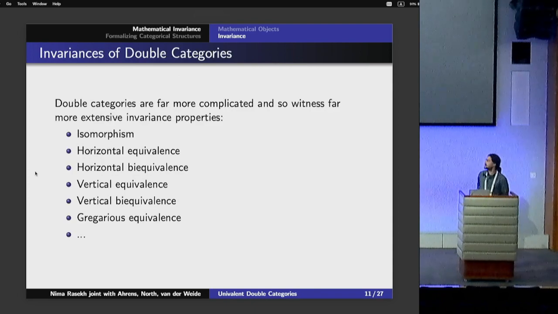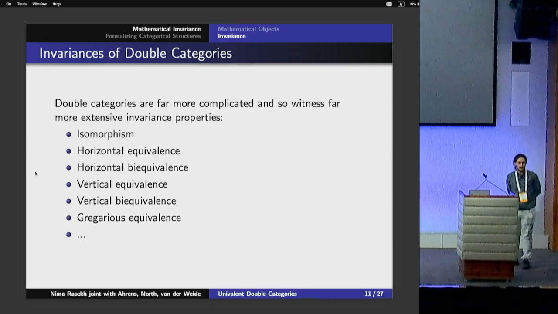This is just a select list. This is not exhaustive. And you can find this list by Googling for an hour or so. It's really not that hard. There are various papers studying double categories in various settings, and every one of them might use any of these notions for whatever reason because they focus on a different aspect of double category theory.